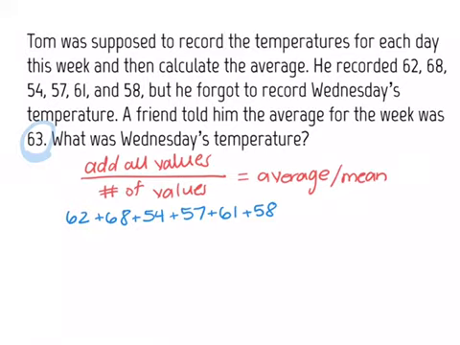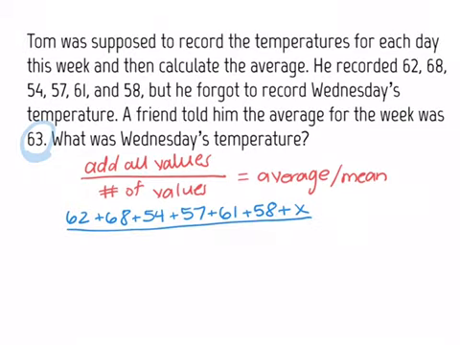So if he forgot to record it, and that's what we're trying to find, then that means that is our unknown. And remember, with an unknown, you are going to be using a variable to represent it. So I'm going to go ahead and add on my 7th temperature, which represents Wednesday's. But since I don't know it, I'm just going to use an X. Now I need to divide by my number of values.